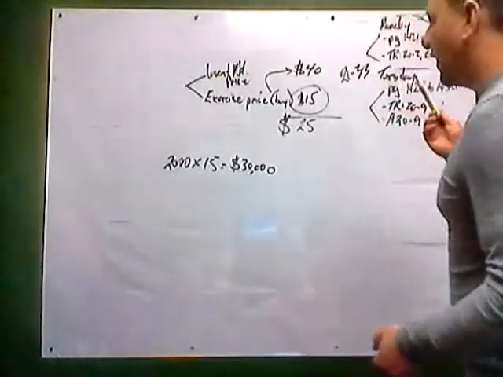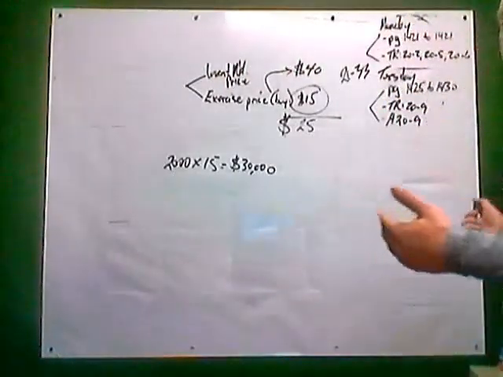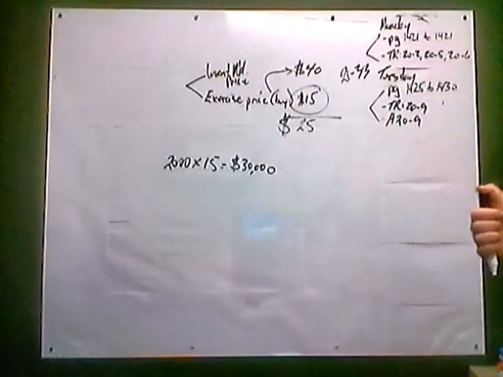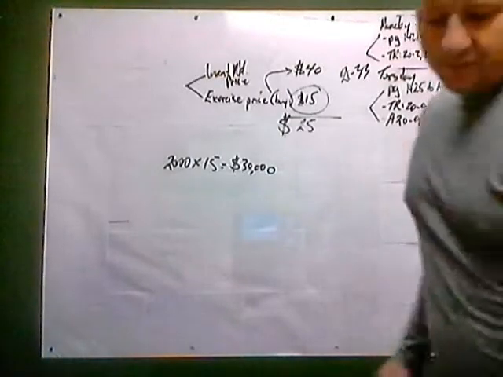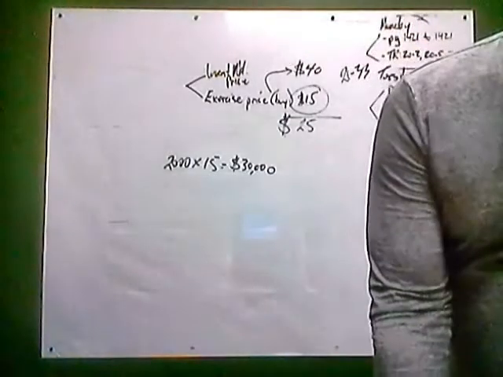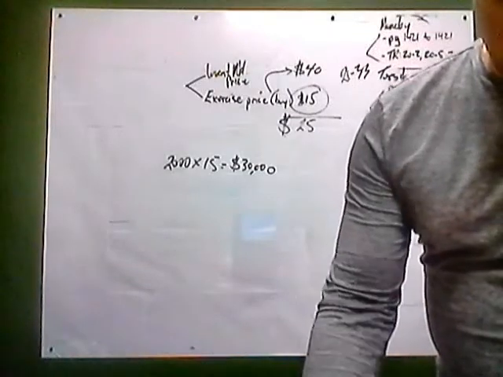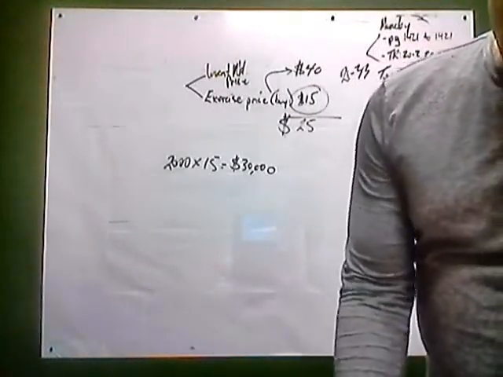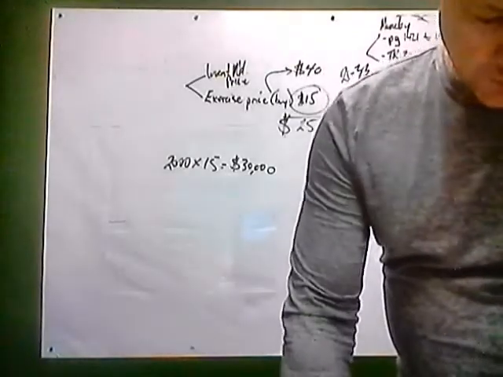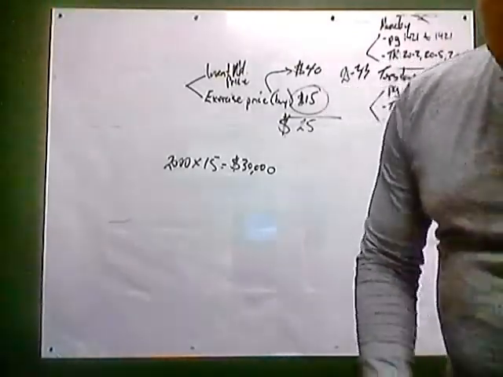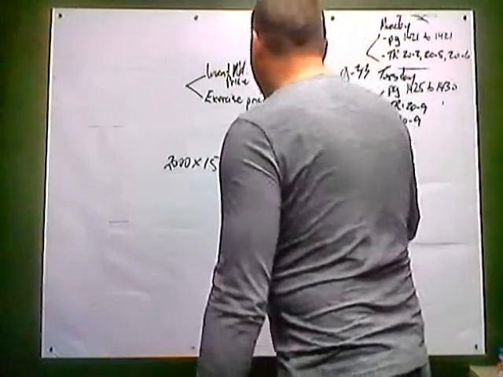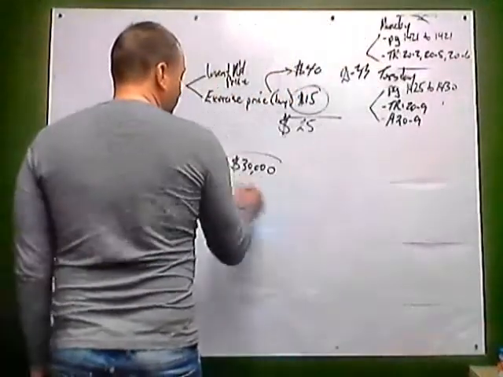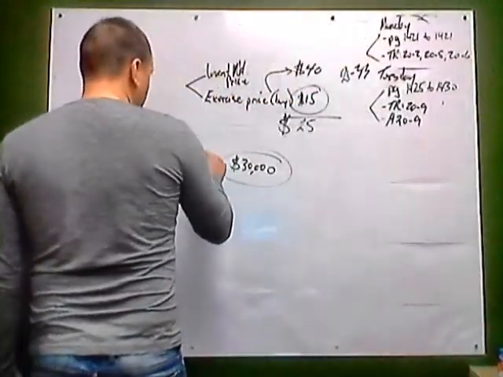Well, they debit cash and credit common shares. That's really simplistic. It's actually a little bit more than that, but that's the gist of it. Now, they're going to sell their own shares at $15 a piece.